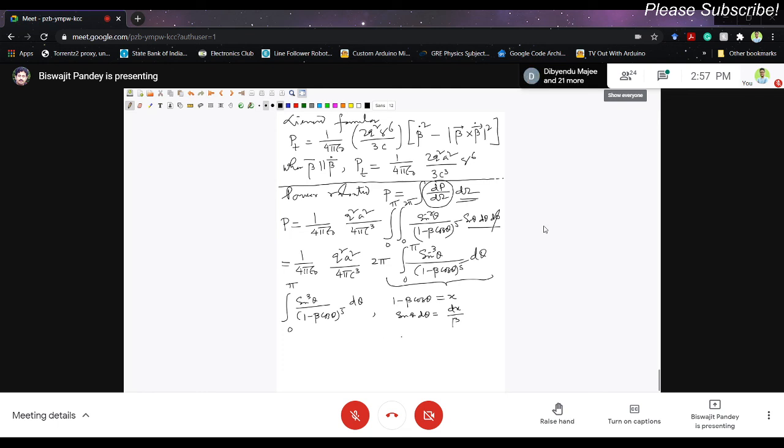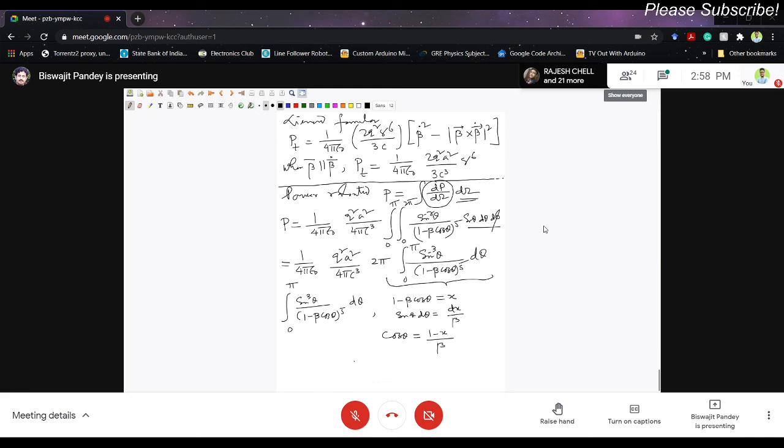And what is cos theta? Cos theta will be 1 minus x by beta. There is sine cube theta, so let us write down sine square theta, because we shall take one sine theta outside. Sine theta dθ will be this dx by beta.